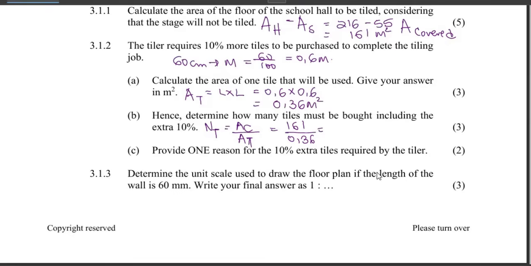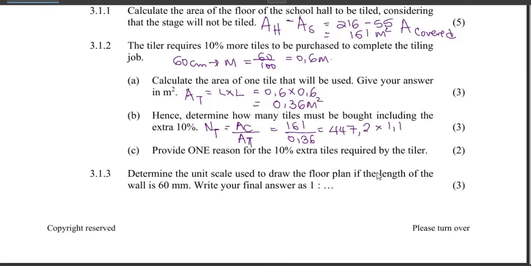So we have 447.2. Now, let's increase by 10%, including the extra 10%. So we shall multiply by 1.1. Why am I multiplying by 1.1?